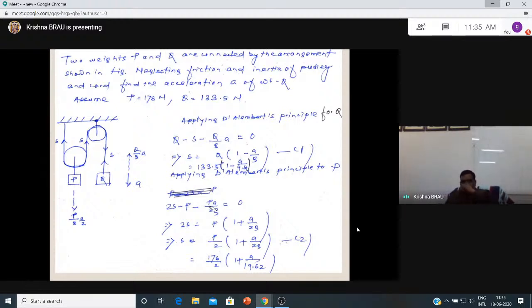Neglecting the friction and inertia of the moving pulley and fixed pulley, find the acceleration A of weight Q. Assume P load is 178 newtons, Q load is 133.5 newtons.